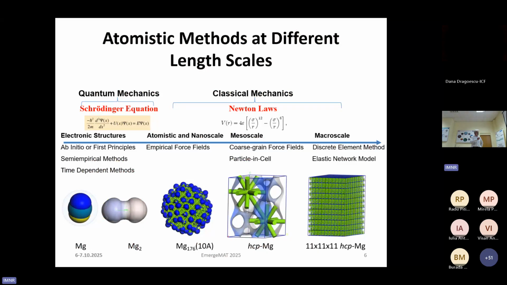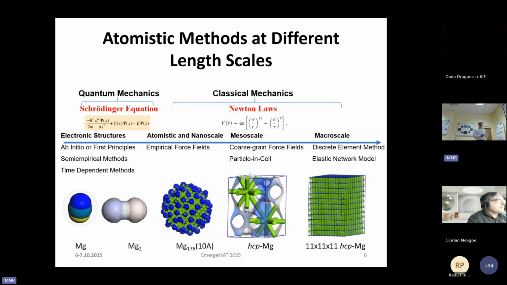Now, why do we need simulation? By experiment, we can measure different parameters. We can use the theory to make connection between these parameters, but to go deeper to the atomistic level, we need simulation methods.